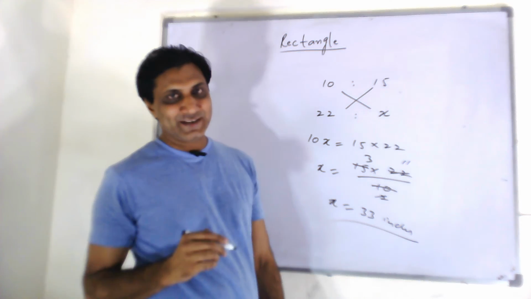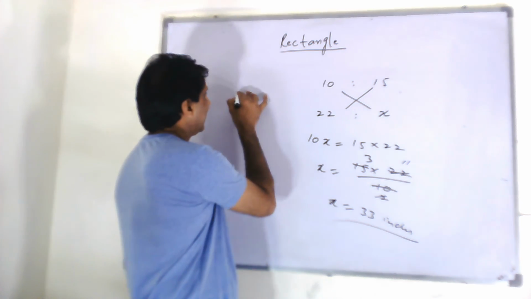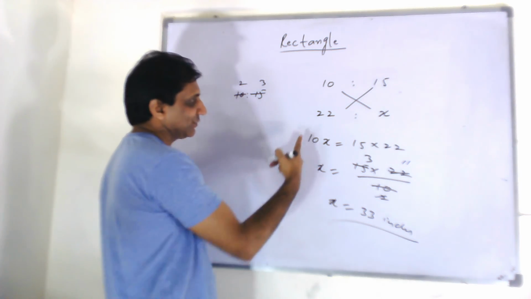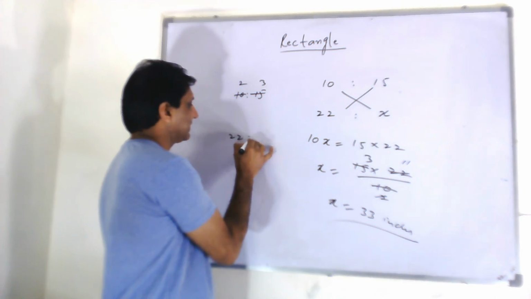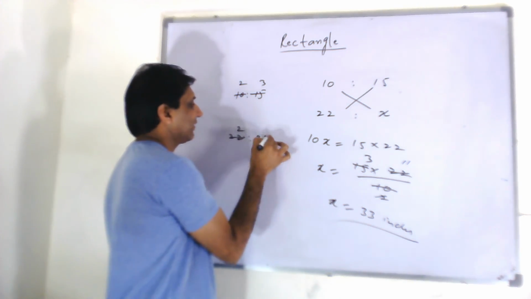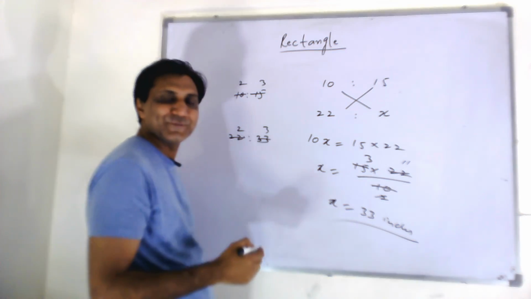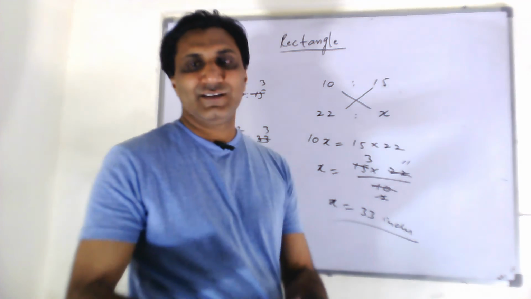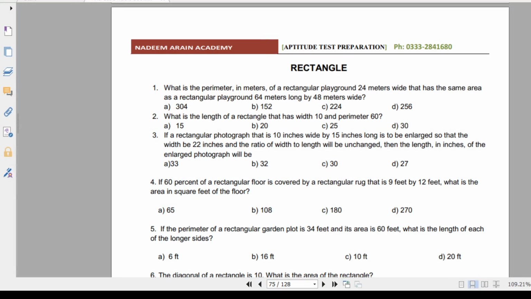So the ratio will remain the same. The ratio of 10 to 15 is 2 to 3, and the ratio of 22 to 33 is the same, 11 times 2, 11 times 3. See? So the ratio is unchanged. This is how you do that. So this was the third question, and the answer is 33. That is A.